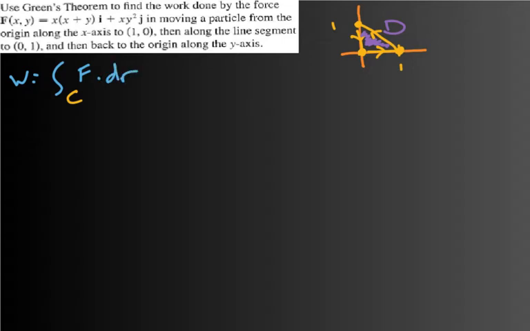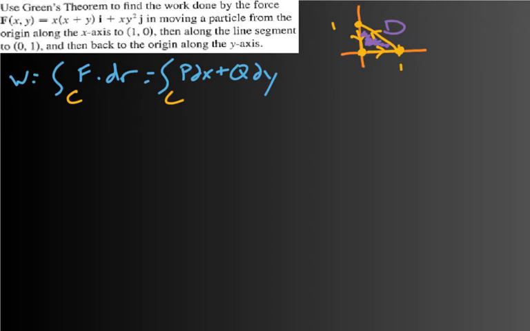So this is just a normal line integral, but this is where we can use, here, let's maybe do this. This is the same thing as P dx plus Q dy, right? And so this is where I'll use my Green's theorem. So P is this, Q is this, right?